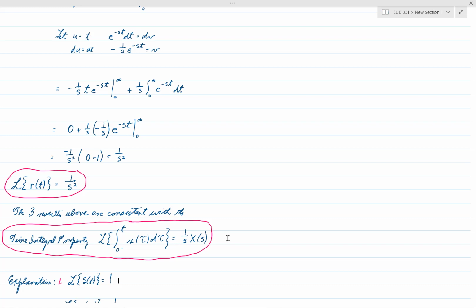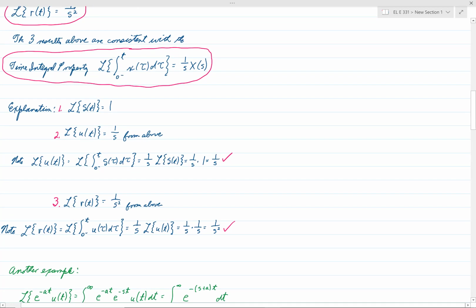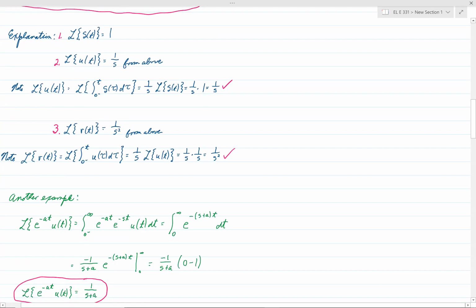And by using these tables, showing you some fundamental pairs and theorems and properties, the idea is that then by using that information, you can find the Laplace transform of many other functions. And we will see some of that later on in this lecture. Okay, so far we have three pairs and one property.